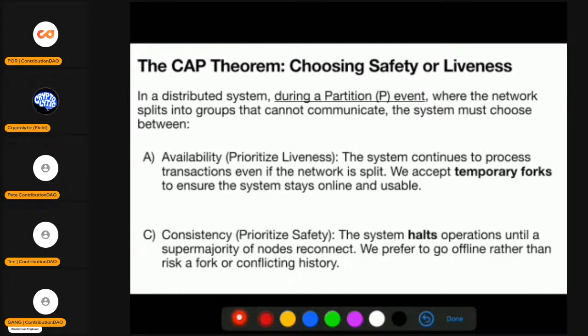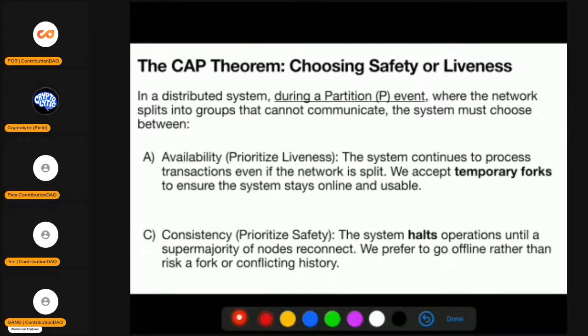If it prioritizes liveness over safety, it will allow forks and let the system operate during the partition event. This idea is used in Bitcoin and Ethereum.